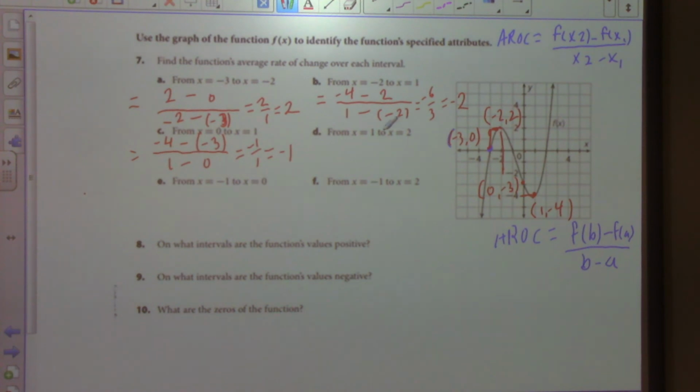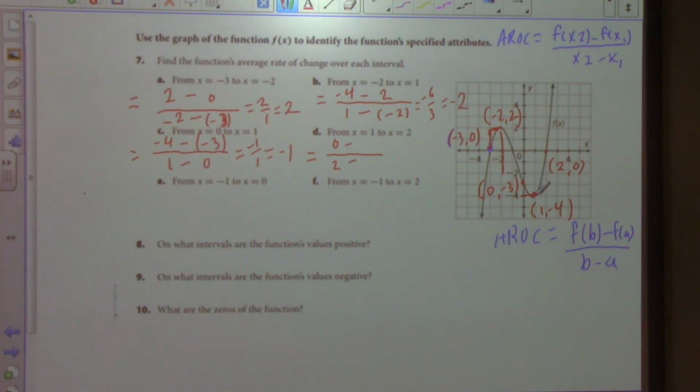Okay, from 1 to 2, so here at 2, we need that point, right? So I'm thinking 2 comma 0 here, is that right? So here f of x2 is 0, and x2 is 2. And then we just go minus, and we're going from 1 to 2.